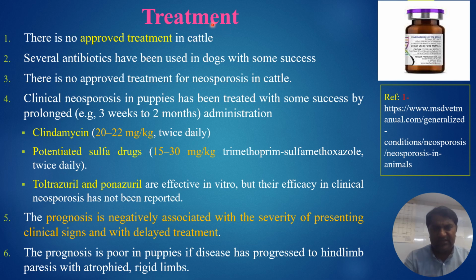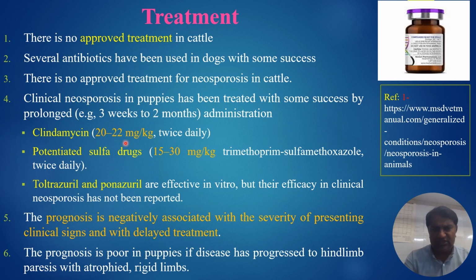So treatment: there is no approved treatment in cattle. Several antibiotics have been used in dogs with some success. Clinical neosporosis in puppies has been treated with some success by prolonged administration, three weeks to two months.